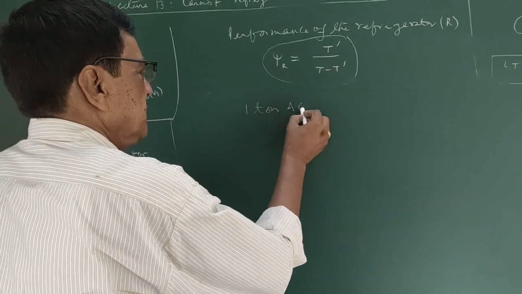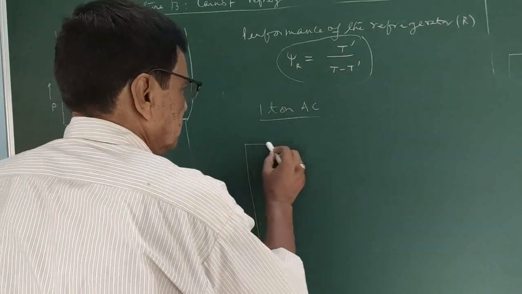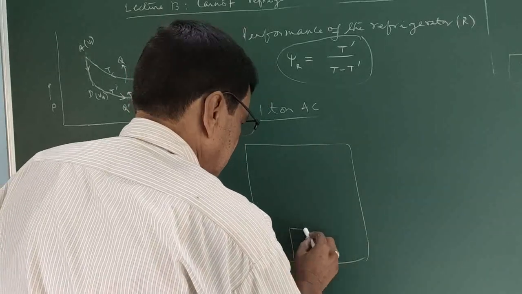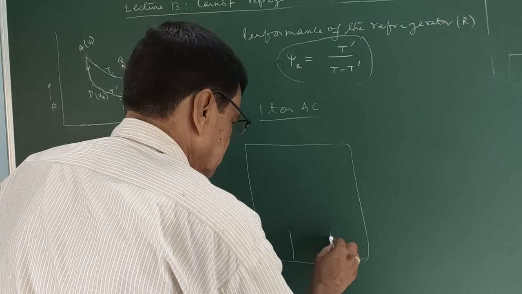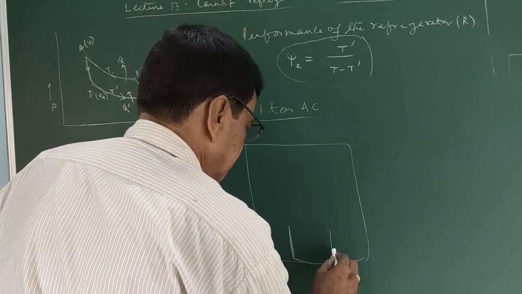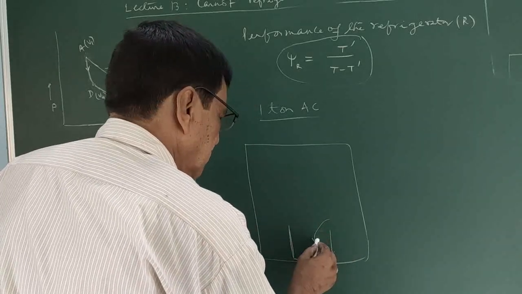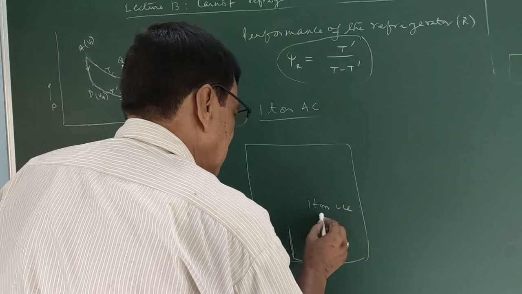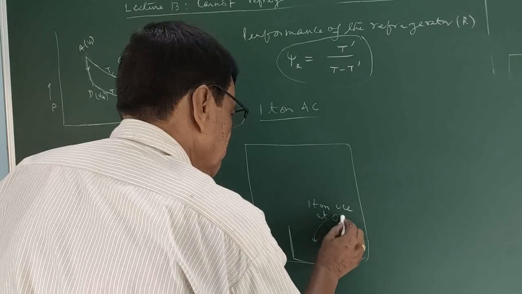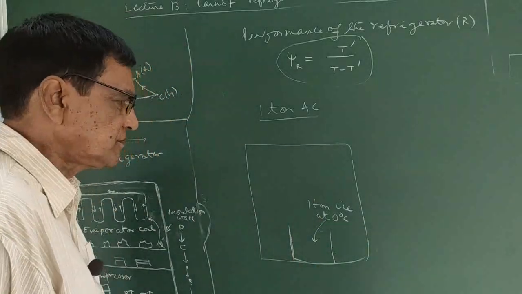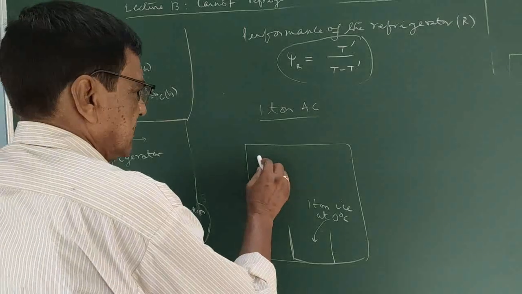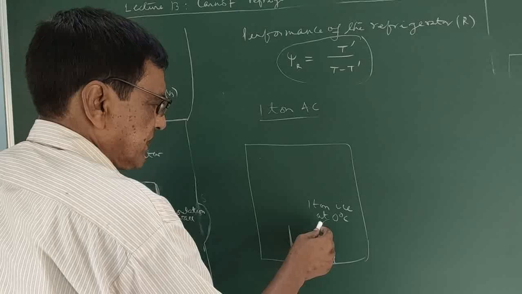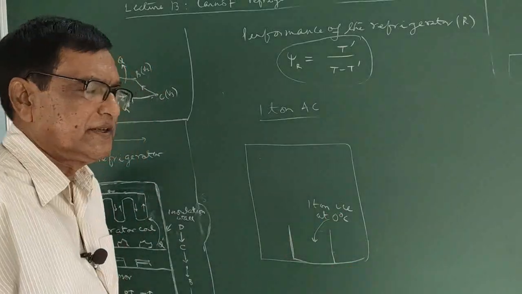1 ton AC means, suppose this is a room, and here some container. If you keep 1 ton of ice at 0 degree centigrade, then at this room temperature the ice starts melting.